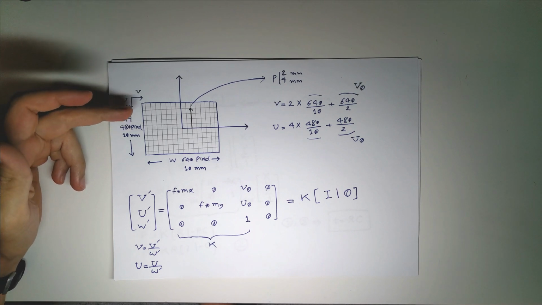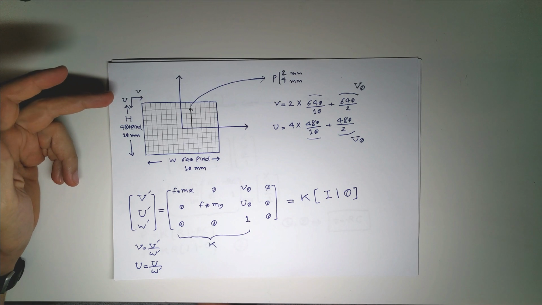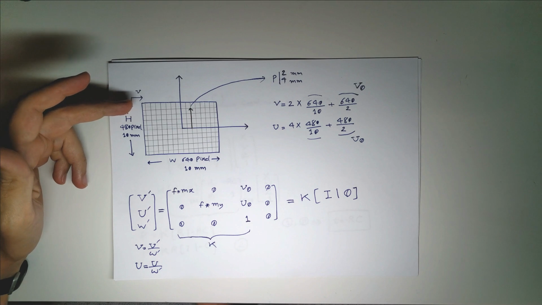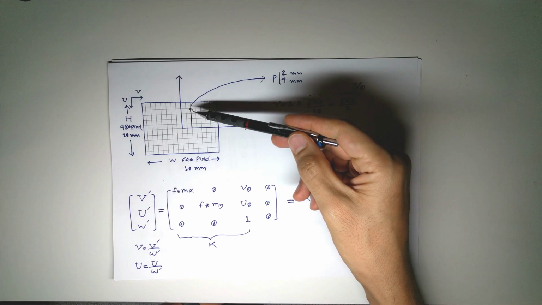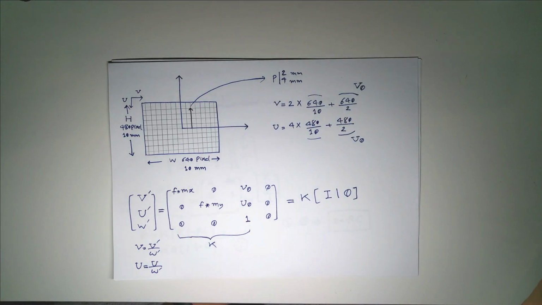When you have a set of cells like this, you usually use a matrix coordinate, where 0, 0 is here, and these are the rows and these are the columns, and here you have Euclidean coordinates. So when the rays hit the image plane here, here, here, these pixels are going to turn on, and you have to somehow relate the pose of your object in the Euclidean space to the matrix coordinates.